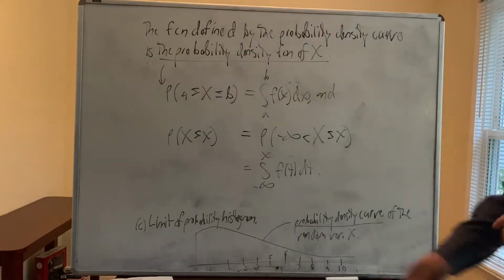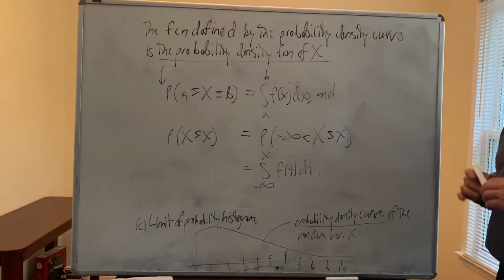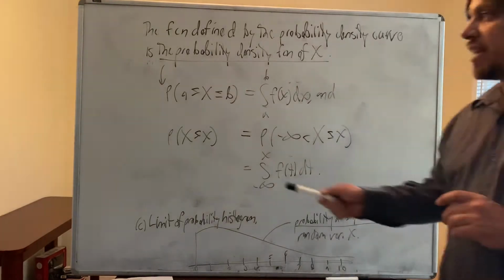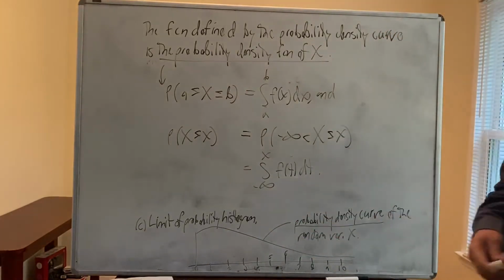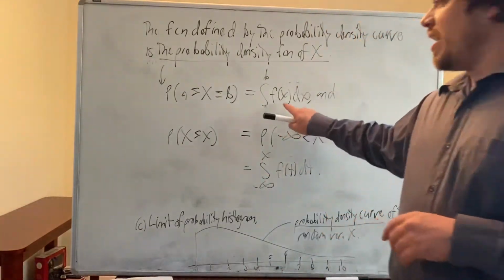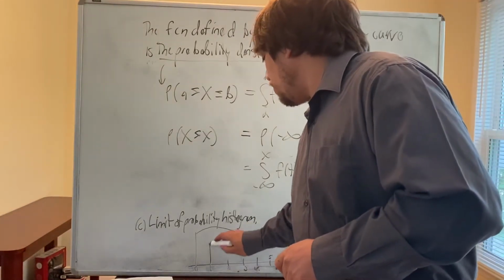Okay, so here's the point. Little f of x is not the probability that your variable X equals that little x. For instance, if I took little f of 1, that would be the height of this curve.